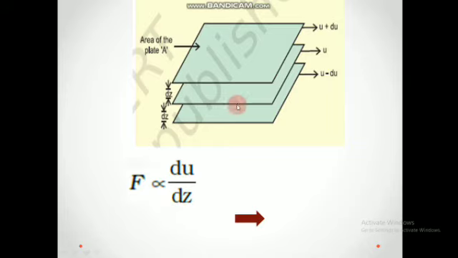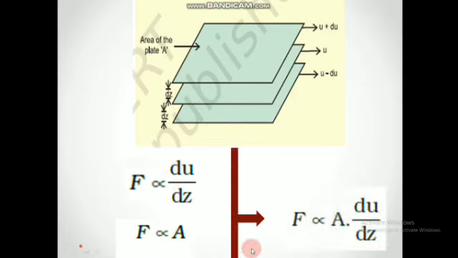Next is the area of the plate or area of the layer. How much is the area which is flowing? That also affects the viscosity. So F is proportional to A also. So we have F proportional to du by dz and F proportional to A. Together we can write F is proportional to A into du by dz.